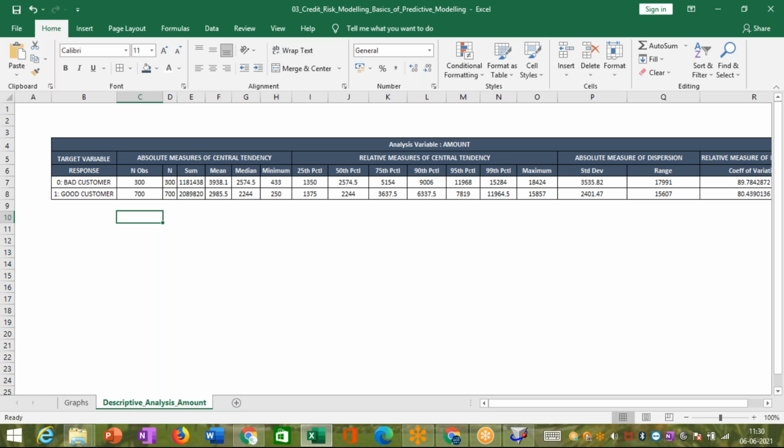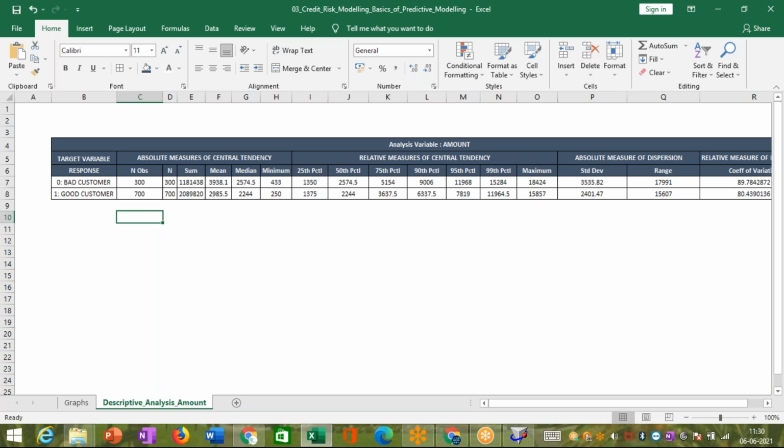So first of all, let's try to see what inferences we can draw about the distribution of this amount variable. How is it that I can draw that? First of all, let's look into the number of the bad and the good customers.